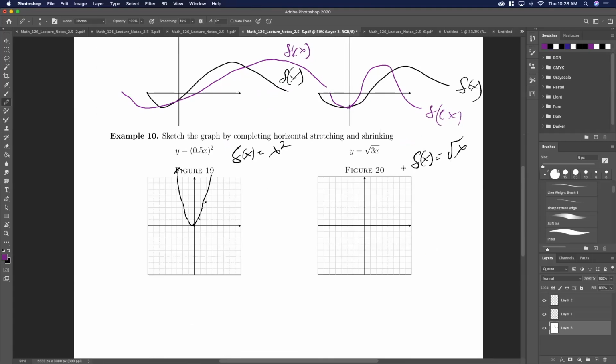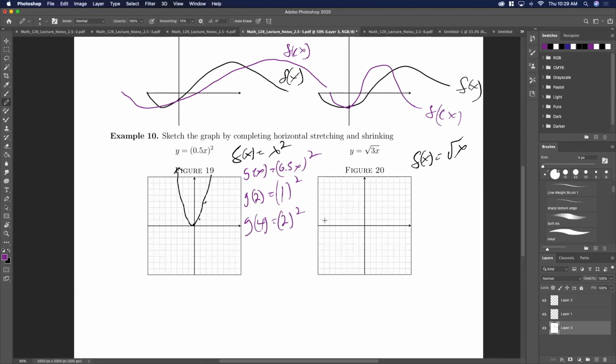Now for my little g of x here, which I'm going to do in purple, of 0.5x squared. Notice g of 2 looks like 1, right? And g of 4 looks like 2.